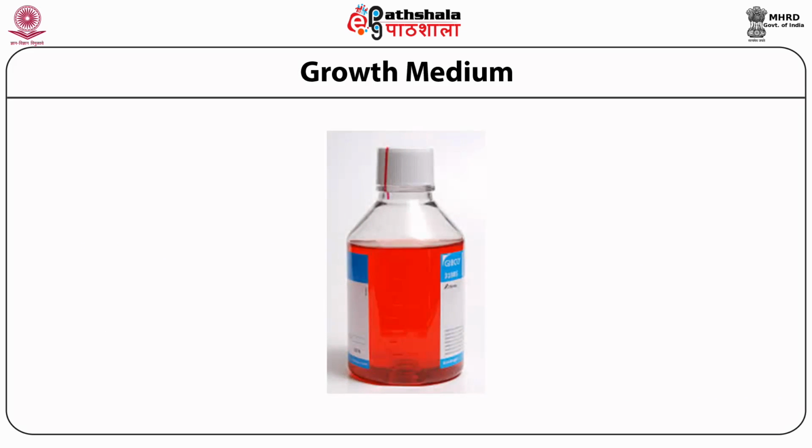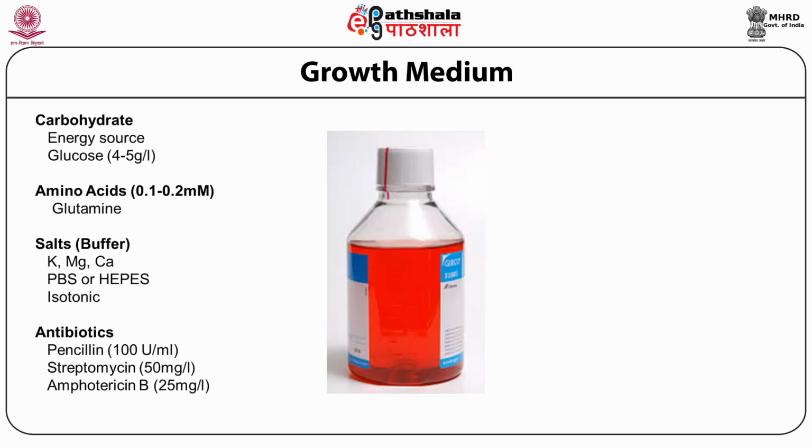It is very important to have the right kind of culture medium to grow the cells. Basically, the medium includes an energy source like a carbohydrate, for instance glucose. The media also contains amino acids, of which glutamine is an important component, salts and buffer for osmolarity, and antibiotics to prevent growth of bacteria and fungi.